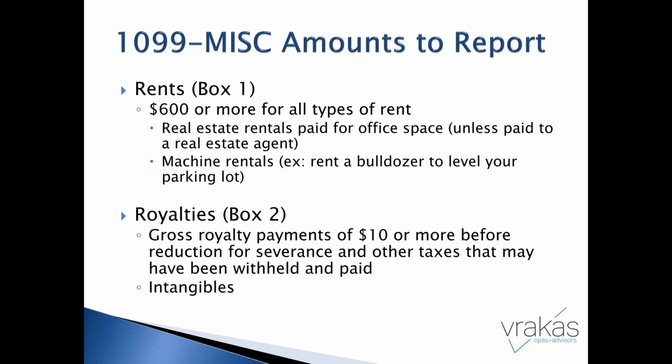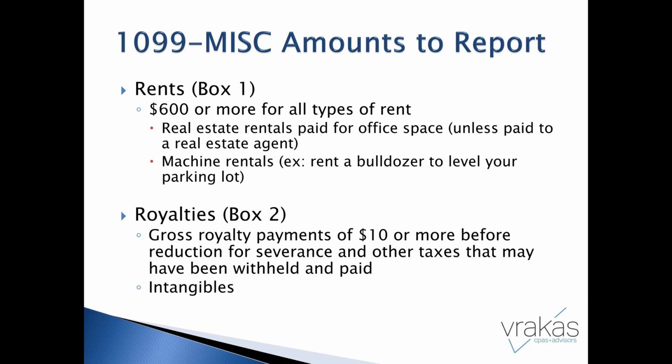Now, the invoice that you get may say $3,000 for that backhoe, and you might also have an operator at the same time that wherever you're renting the backhoe from is giving you. If it's a $3,000 invoice and you need to issue the 1099, you would include that full $3,000.